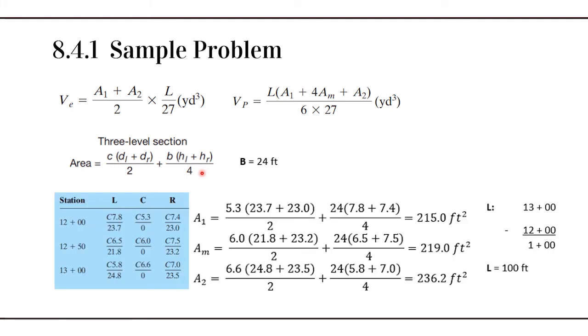So for station 12, that's area 1, we have 5.3, this is the center, times distance left 23.7 plus distance right 23.0 all over 2, plus the base 24 times height left 7.8 plus height right 7.4 all over 4, and then we just have to put it in our calculators, and we have 214.955 or 215 square feet.